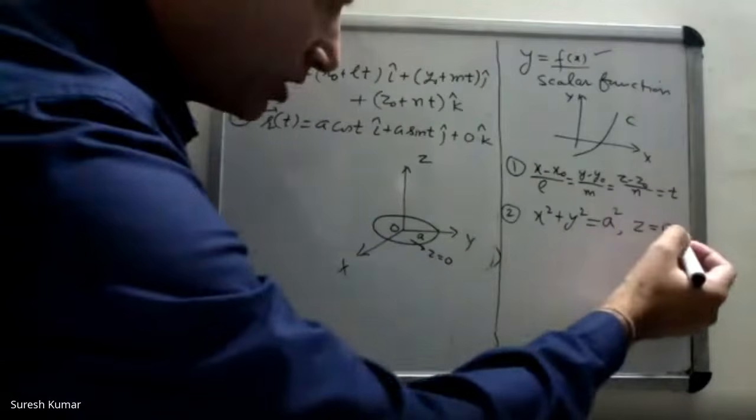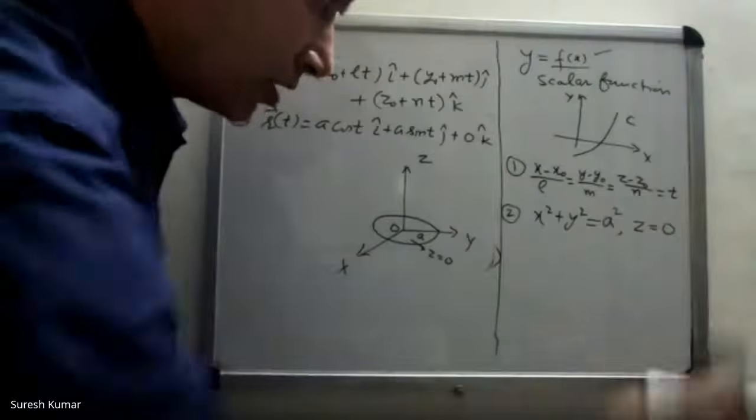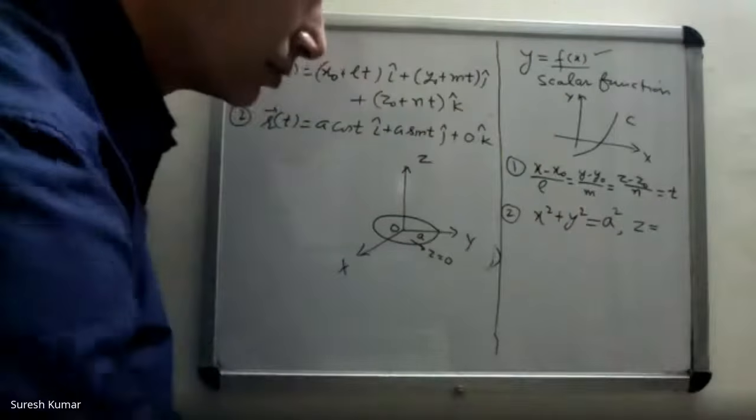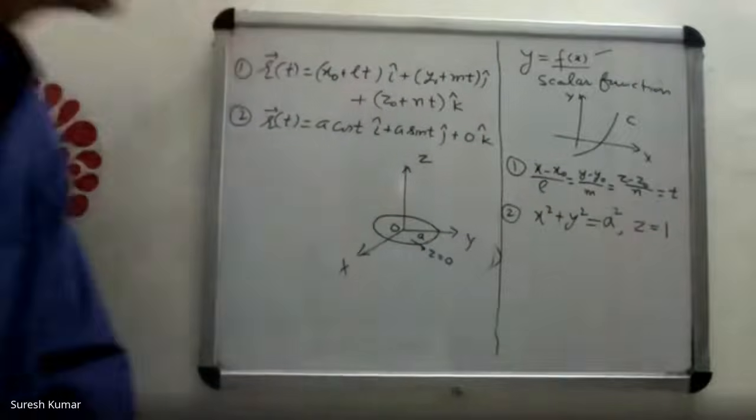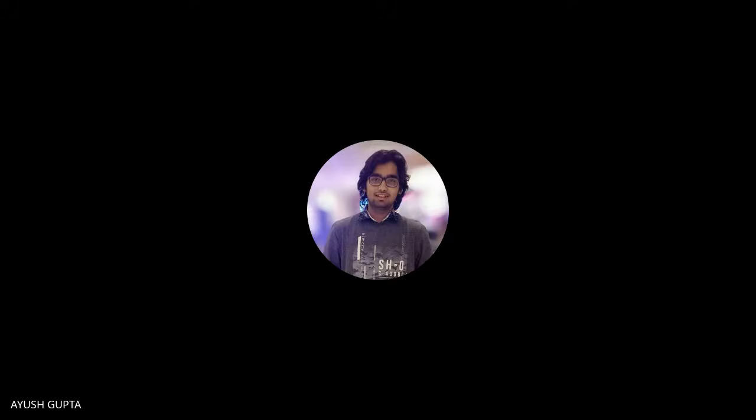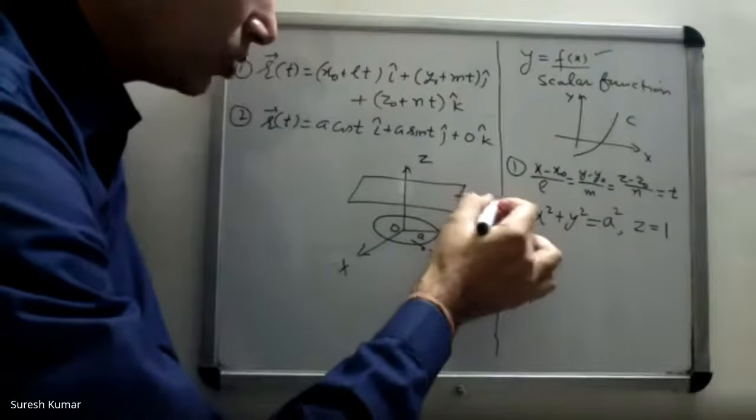Now, what if it is z equal to 1? A circle in a plane parallel to the xy plane, with center 0, 0, 1.